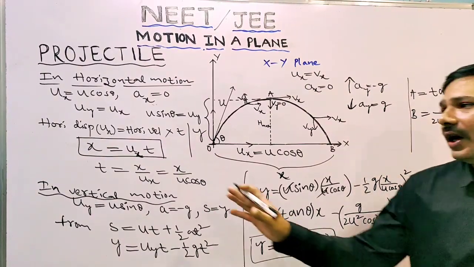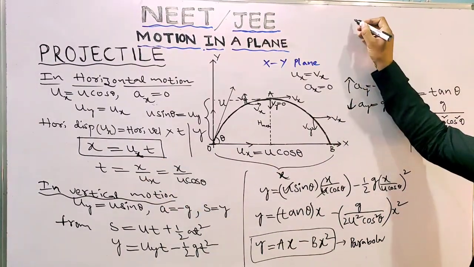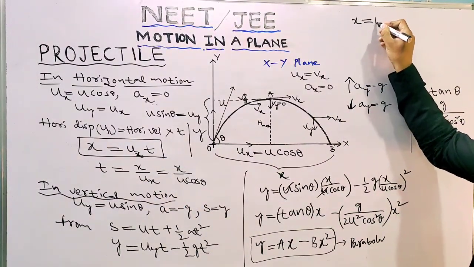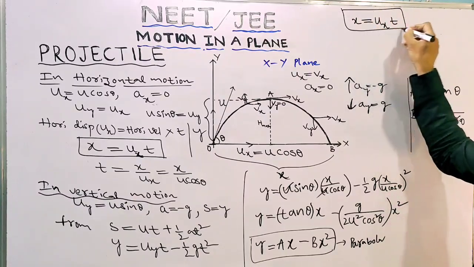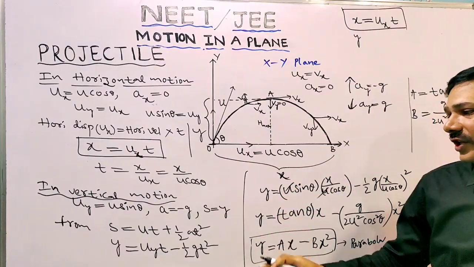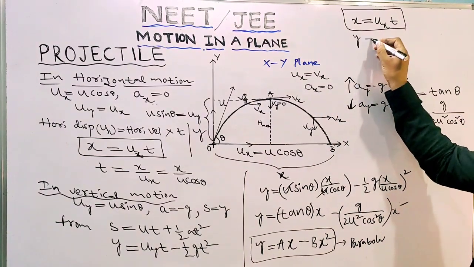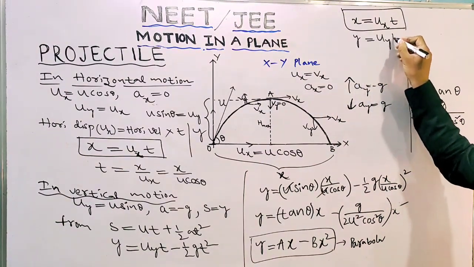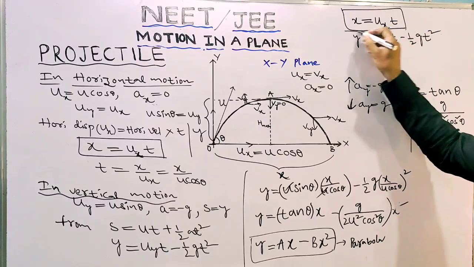So here how many main equations did we get? The horizontal equation we got, I am writing here x equal to uxt, this is one formula we got. And the vertical equation: y equal to uyt minus half gt square, and this one is also important.